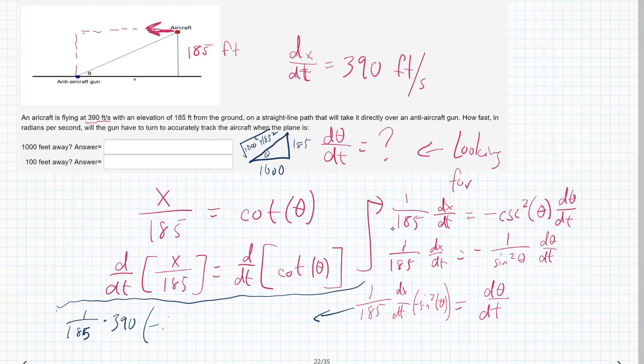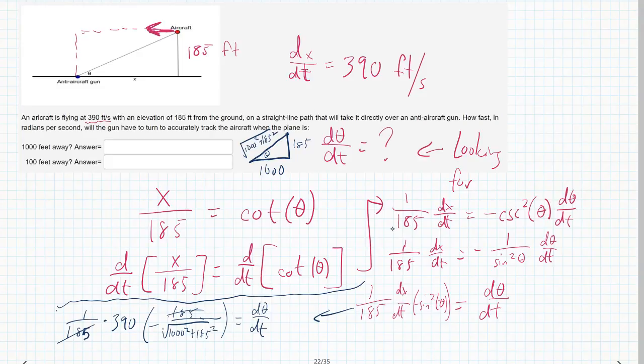Up in the numerator, we'll have the opposite side, which is negative 185, over the square root of 1,000 squared plus 185 squared. And that will equal d theta dt. Notice that the 185s will cancel, and you're left with negative.